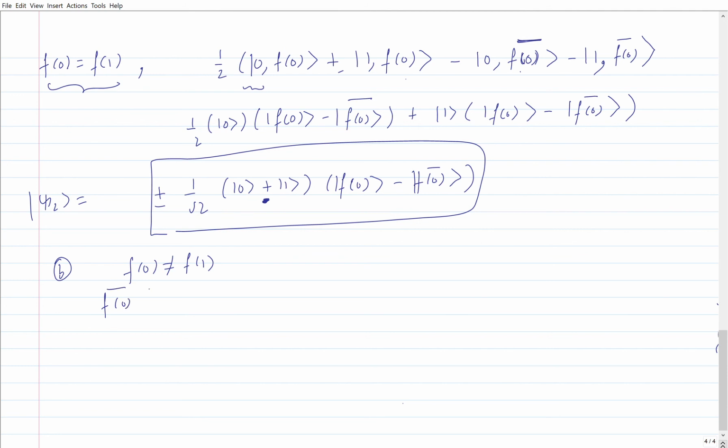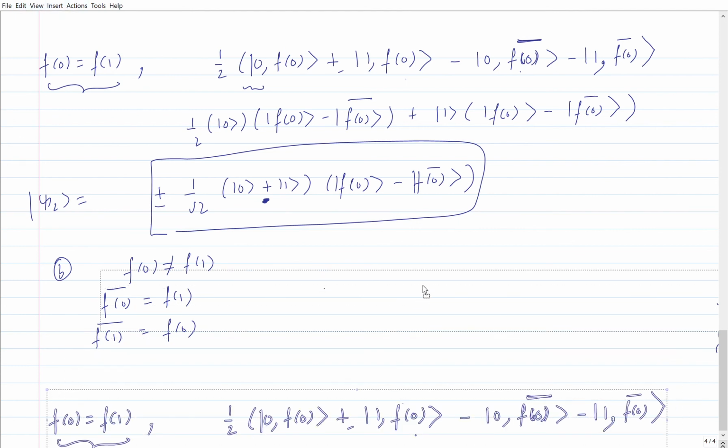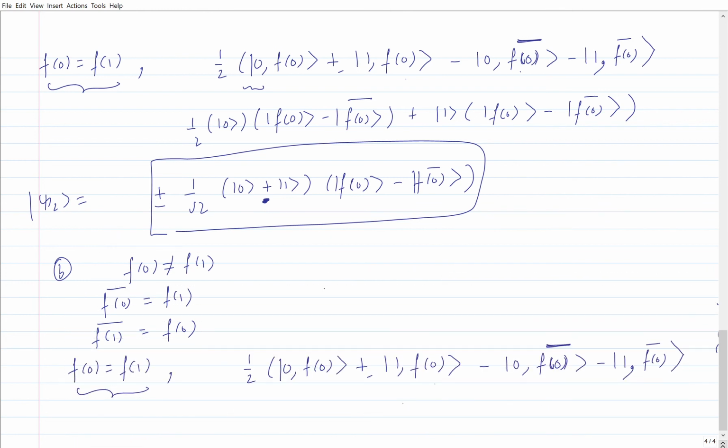F0 bar then is equal to F1 in this case, and the complement of F1 is F0. Okay, so if I have a balanced function, I can again write down the same state. This was how I evaluated my psi2. Let's do it on the other page.